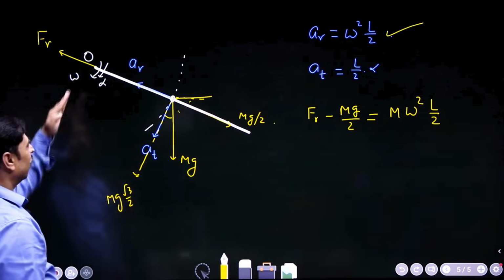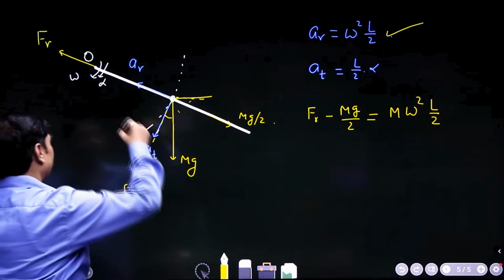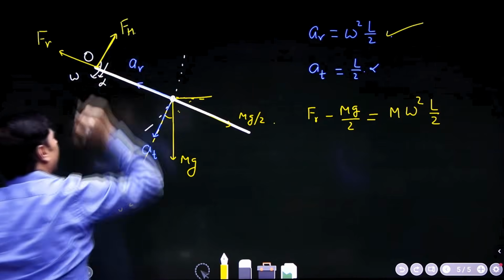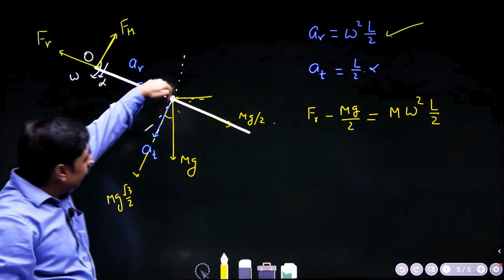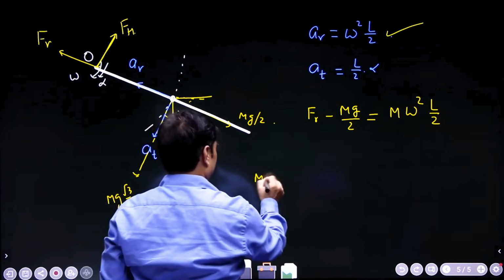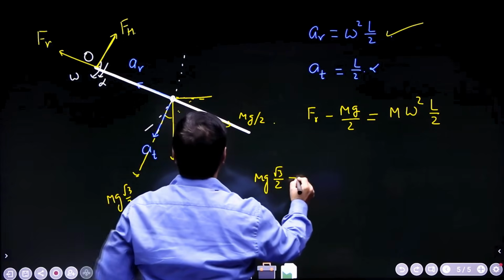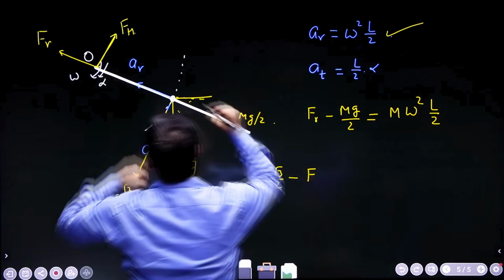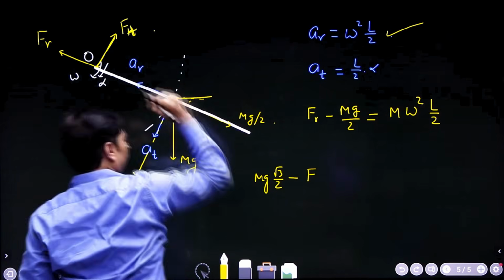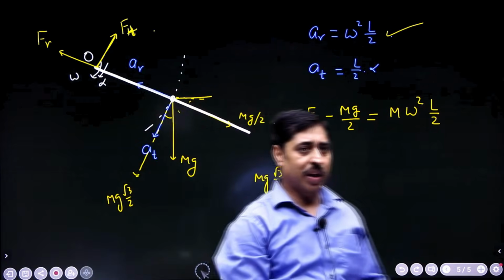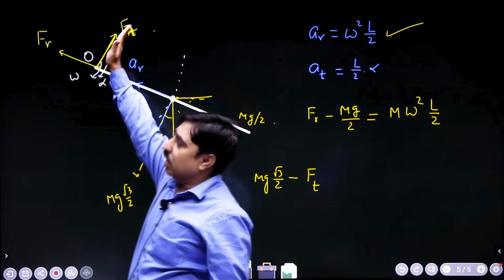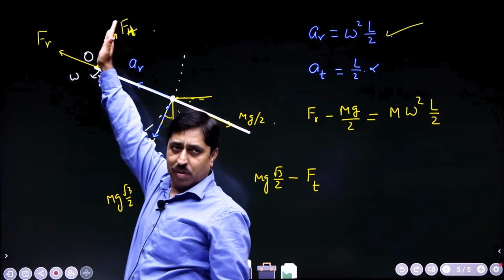I am not sure whether the hinge force is this way or this way, if you look carefully you will understand. I assume this is the hinge force perpendicular to the length of the rod. Okay, so net force on the rod in this direction perpendicular to rod is mg √3/2 minus the, don't write it as Fh, write it as Ft, tangential hinge force, Ft. I hope you are getting it. Mg √3/2 is the component of mg, and then there is a component of hinge force perpendicular to rod.